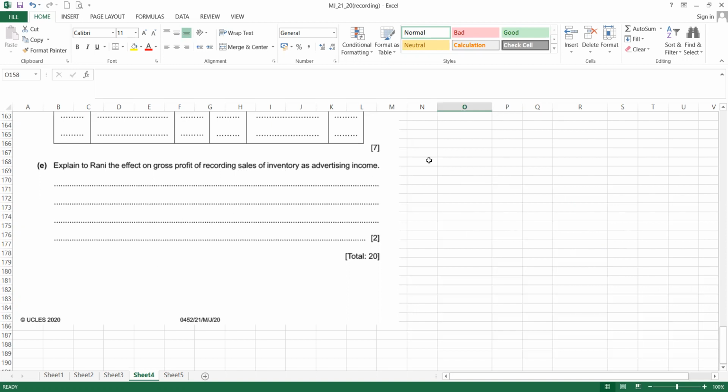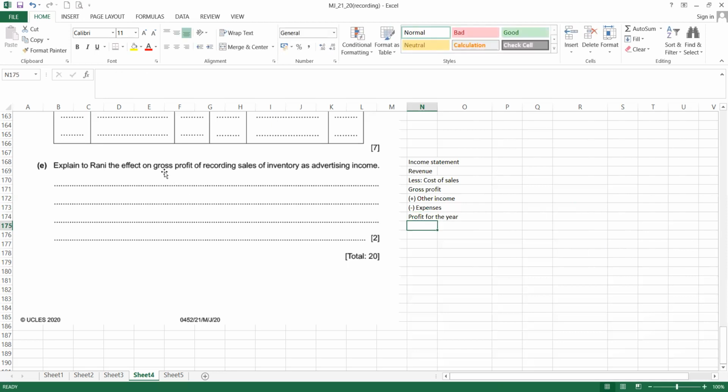Let's see, I prepared a simple income statement just to show you the sections: revenue, less cost of sales, and then we get gross profit, and then we add other income, and then we deduct expenses, and then we get the profit for the year.